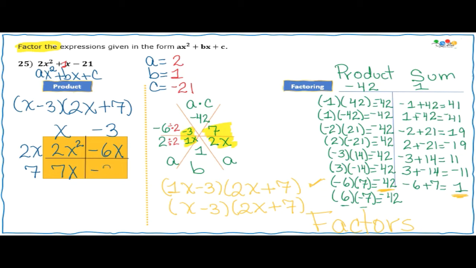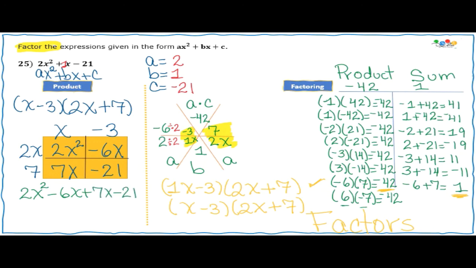Yes, I get a negative 21. Okay, so what we're going to do next is I'm going to rewrite my terms, the ones from the box, right? Of course. I'm going to write down 2x squared minus 6x plus 7x minus 21.